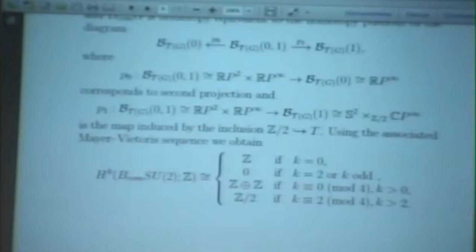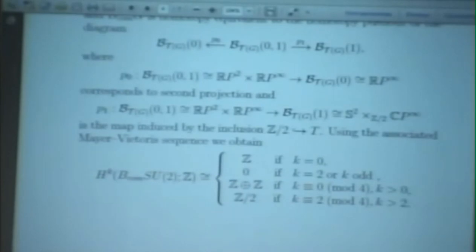So you see then that BSU2 is, of course, I guess, HP infinity. So it has this Z in degrees congruent to 0 mod 4. And we will see that you can actually see that fitting in there. One of these classes actually comes from that.